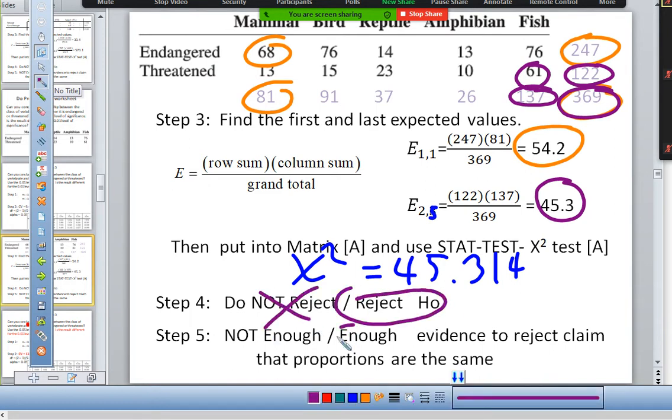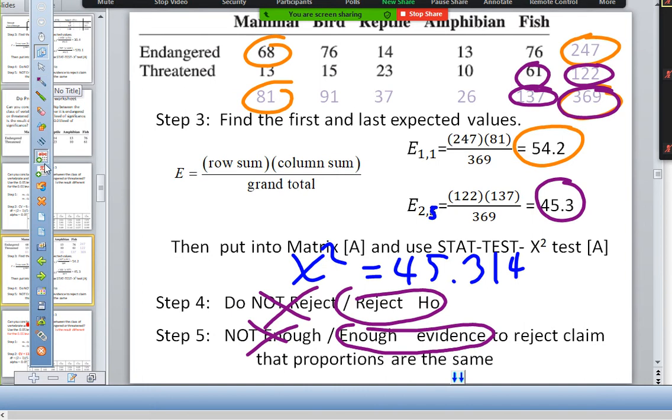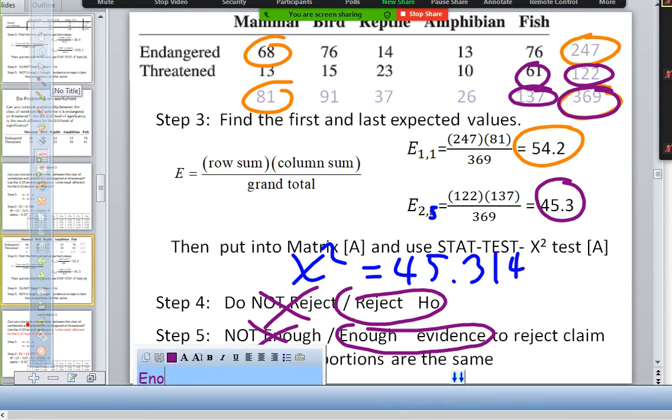Which means we do have enough evidence. And you can either say to reject the claim that proportions are the same, which is kind of the generic statement, or you could say enough evidence to support my claim of a relationship between class and endangerment, since my claim was that there's a relationship, that was H1.